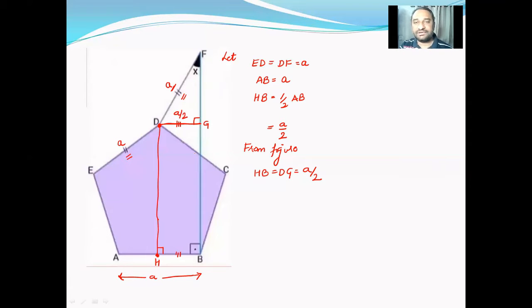Fine. Now, once we have got two sides of a right angle triangle, it is very easy to go for trigonometric functions.